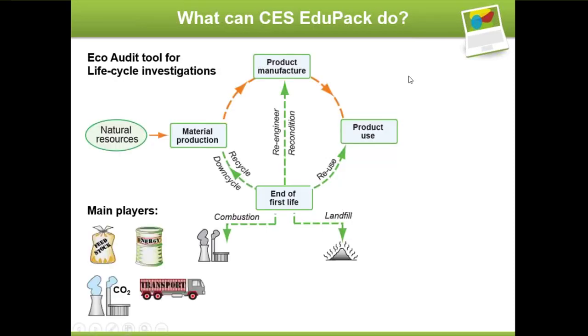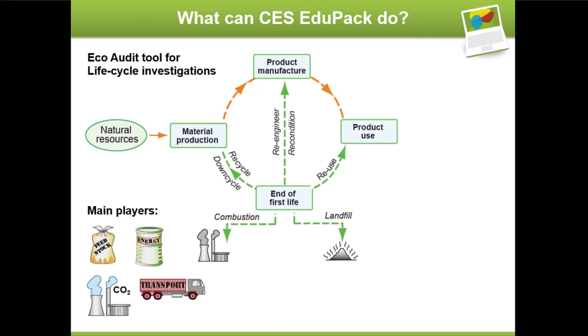Good. So we are going to first have a look at different powertrains for electric vehicles and do an Eco Audit of those. So the Eco Audit tool, you might already know, is a tool in the EAG Pack that is there to help students to look at the environmental impacts of a product over its whole life cycle.